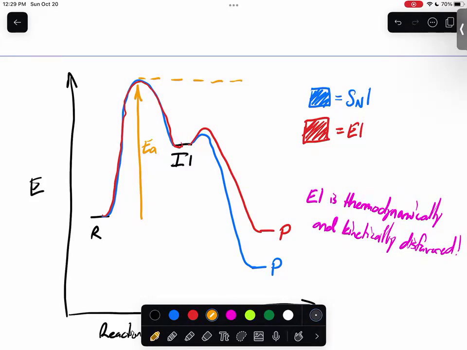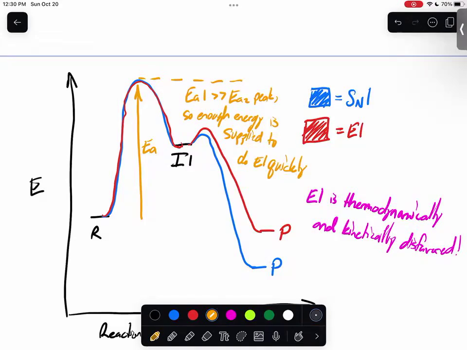So EA1 is much, much greater than the EA2 peak. So enough energy is supplied to do E1, or step two, quickly.